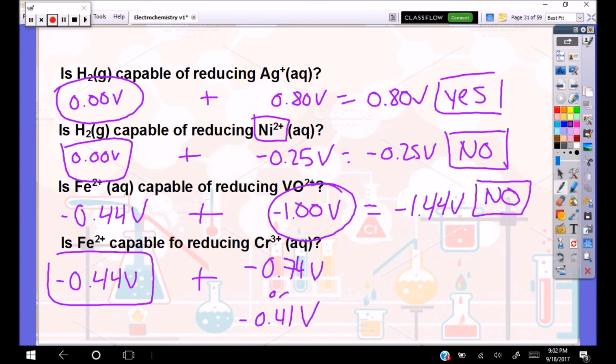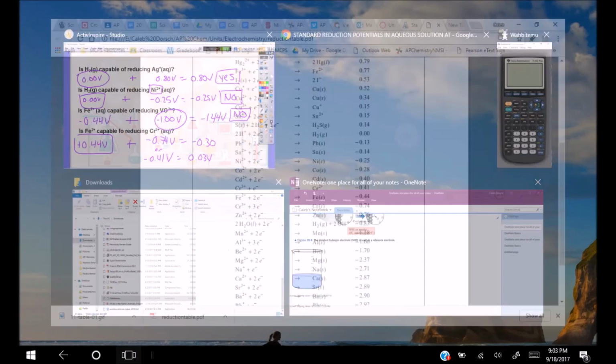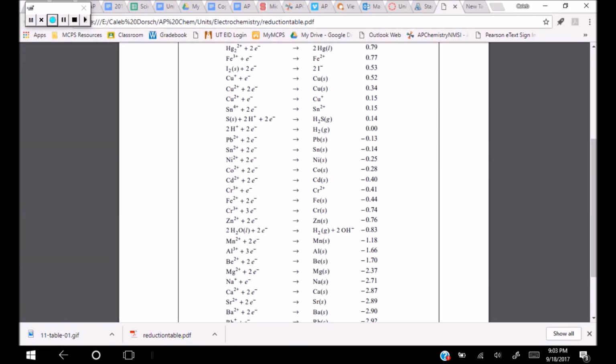So these numbers again have to stay as is, but we can reverse this one. Even if we make this positive, when we add it with this one, we get a negative 0.30. If we add it with this one, we would get 0.03 volts. So it depends. If you are just trying to reduce the charge from 3 to 2, it would work.